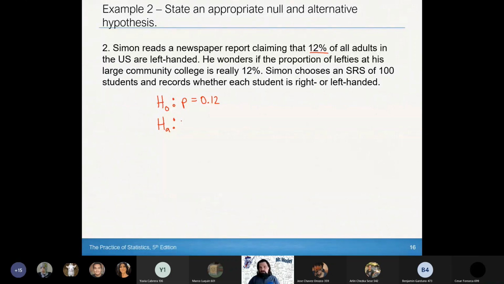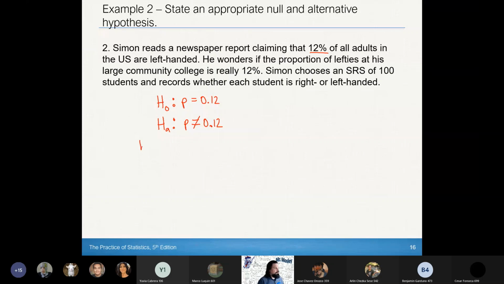We didn't see that written there. So we're just saying that it's not 12%. Could be more, could be less. So we have P not equal 12%.